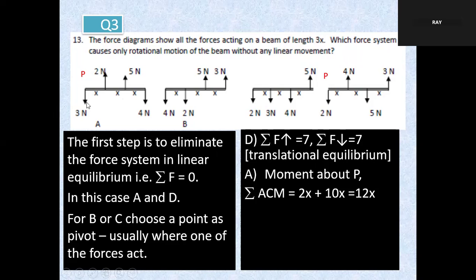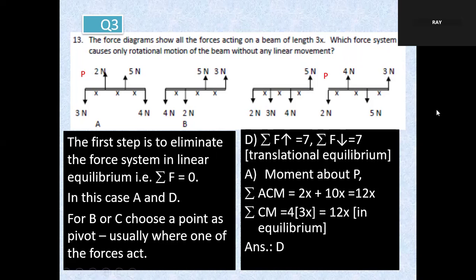Moment about P, that's the point P. Anti-clockwise moment is 5 times 2x, which is 10x, and clockwise is 4 times 3x, 12x. Can take the point P, moment about P.